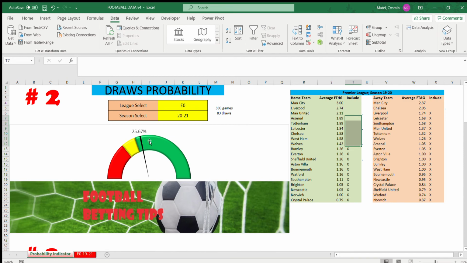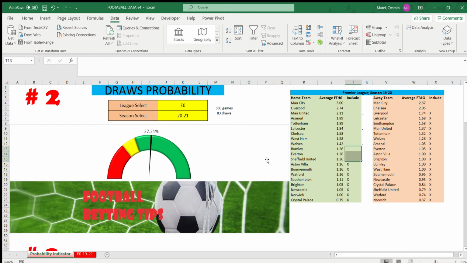Again, we have increased our draw outcome to 25.6% by excluding these teams. This would be what I will be using, but if you want to go a little bit farther and exclude teams that have scored more than 1.2 goals, we can check that as well. So as you can see, now the draw outcome has increased to 27%.